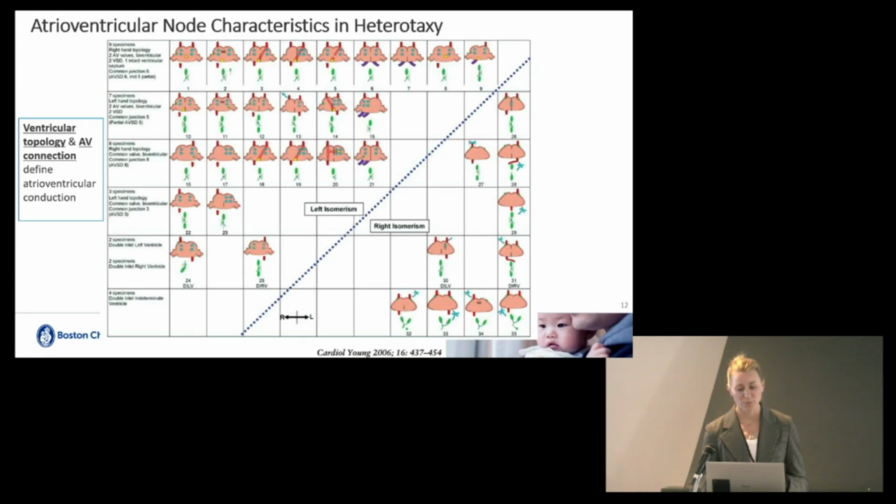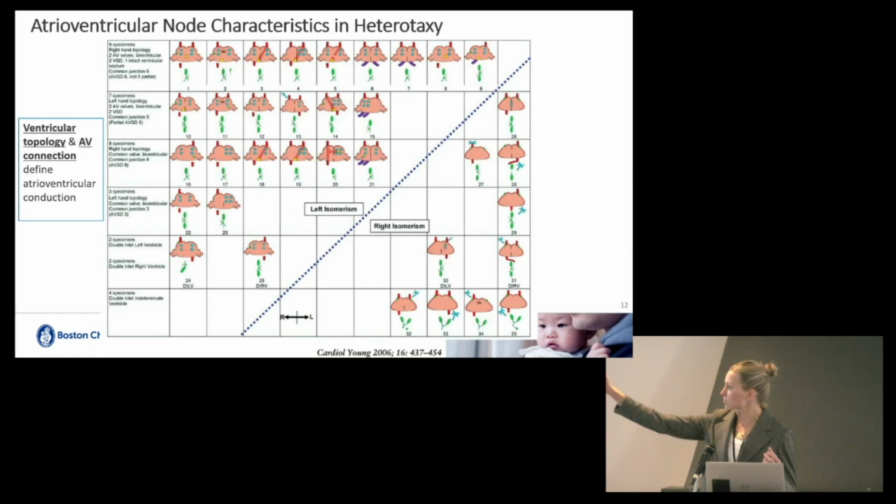So this is a beautiful diagram from Cardiology in the Young in 2006 that has 35 specimens of hearts with heterotaxy, and the authors attempted to group them to get a better sense of, beyond just the level of asplenia or polysplenia, what are the different ways in which these hearts can be connected electrically.